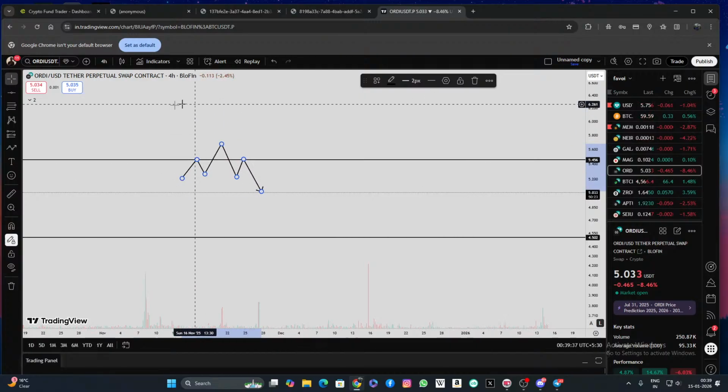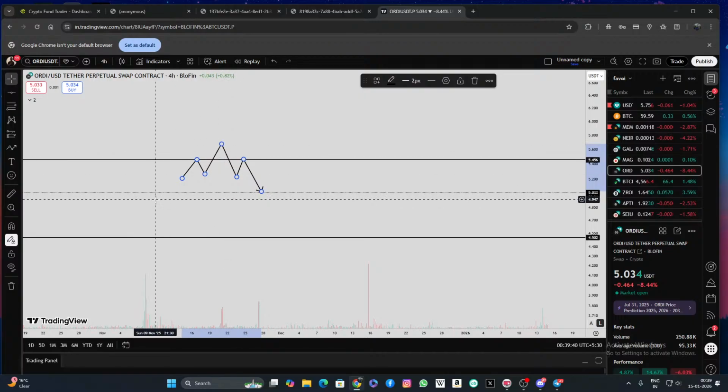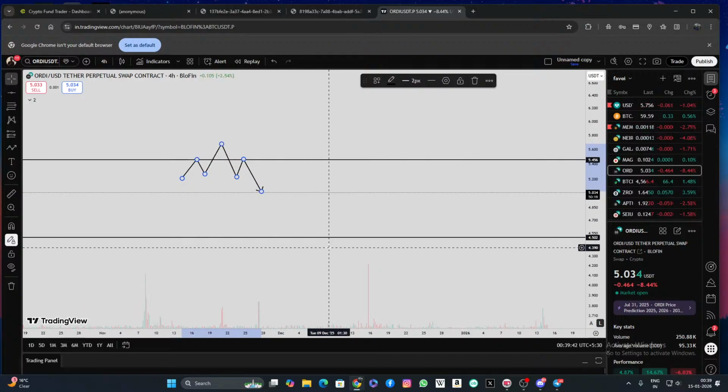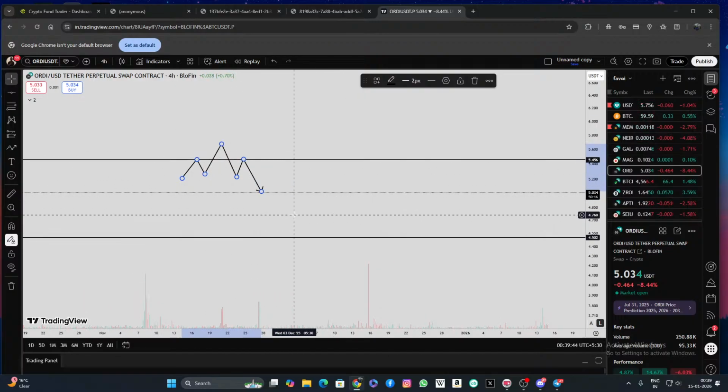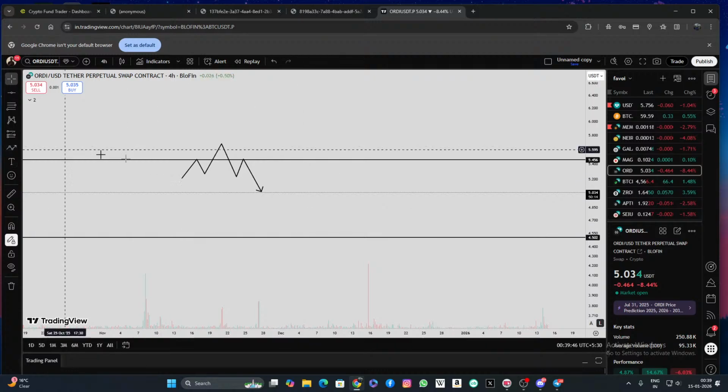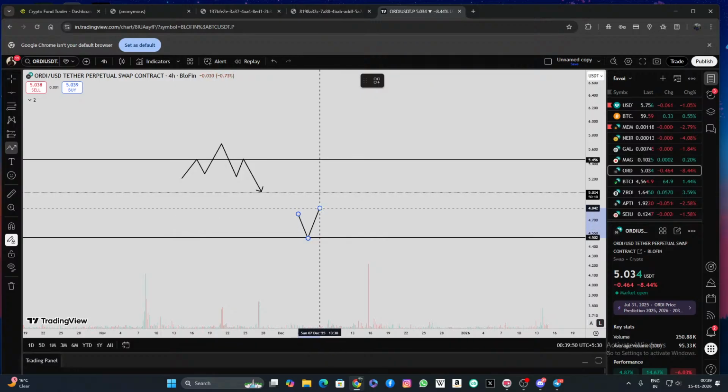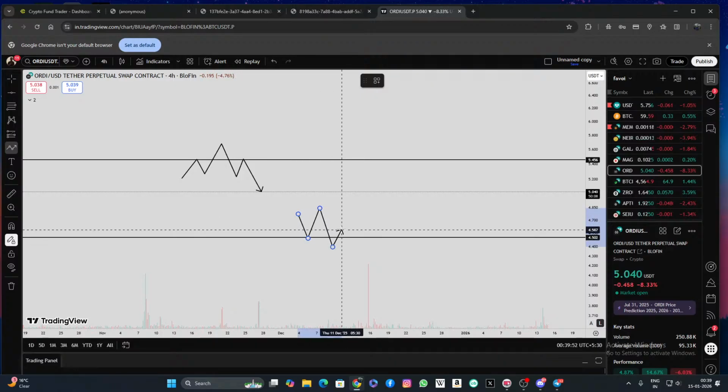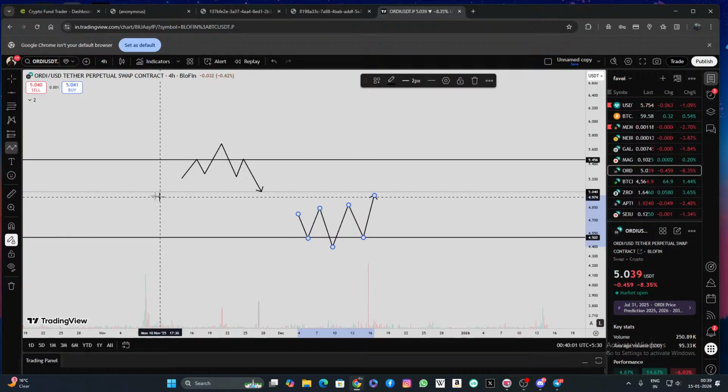It can be formed at the top, which will reverse the uptrend into a bearish trend, and it can also form at the bottom, like this.